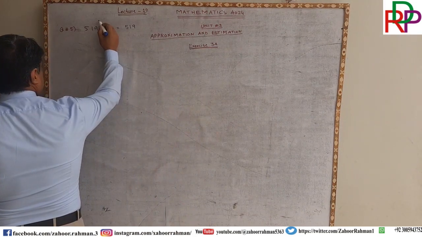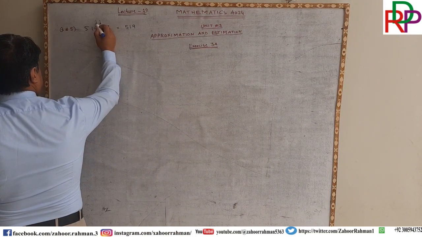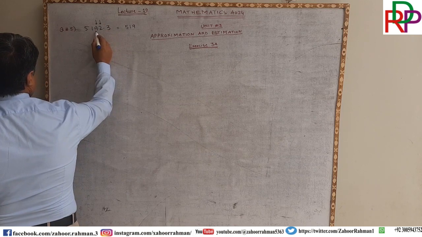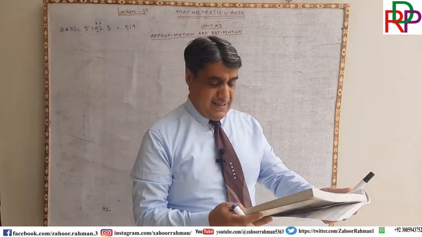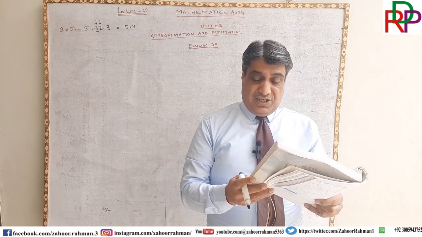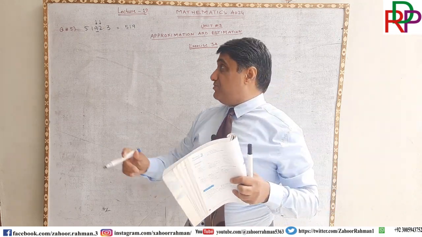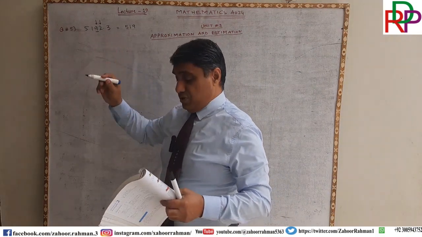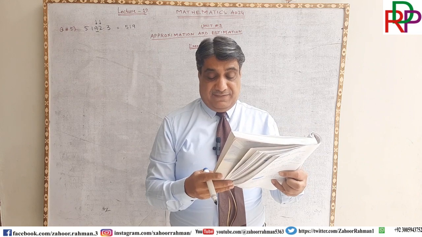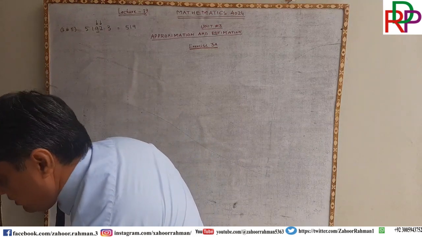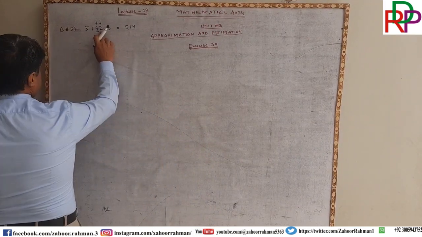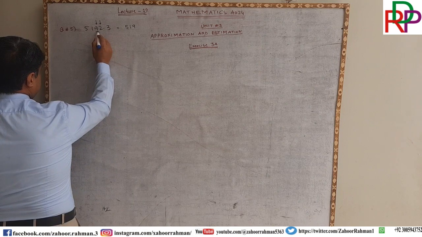This is unit and this is tens. When rounded to the nearest tens, she drops this 2 because it is less than 5. Do you agree with her? Explain your answer. So she is dropping this 2 to the nearest tens.